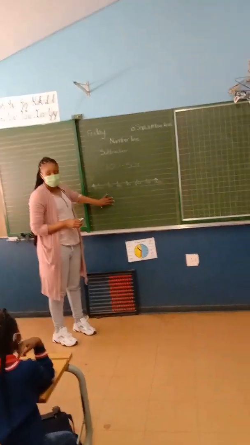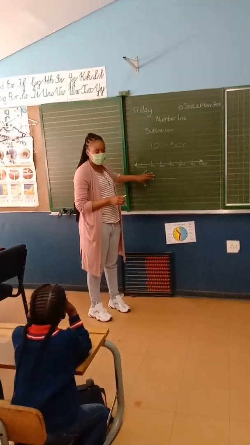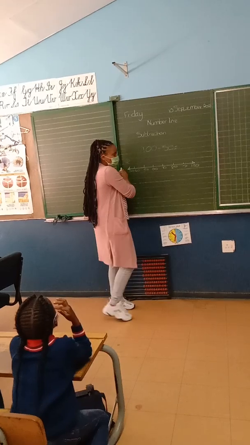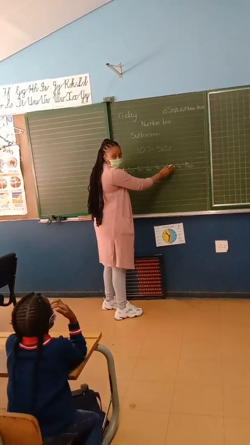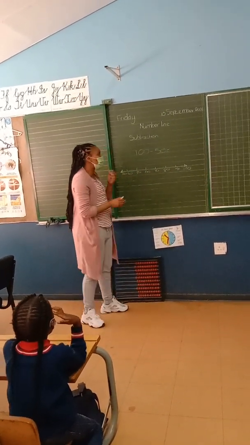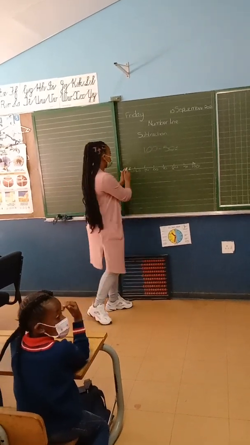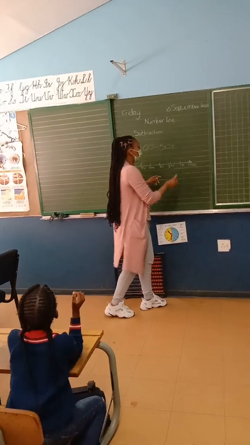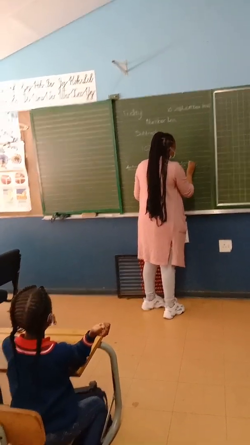When we were adding, remember yesterday when we were adding, we started from our right side, going to the left. With subtraction, we are not starting from our right side, ne? So the first thing we're going to do, we're going to put an arrow on 100.